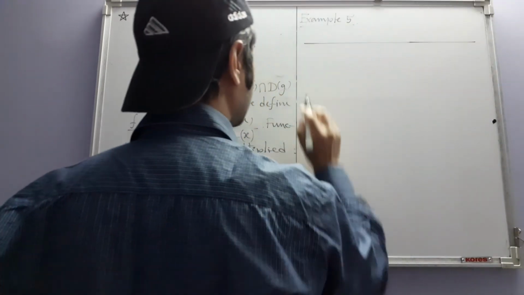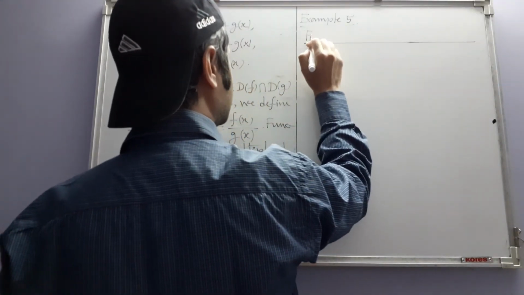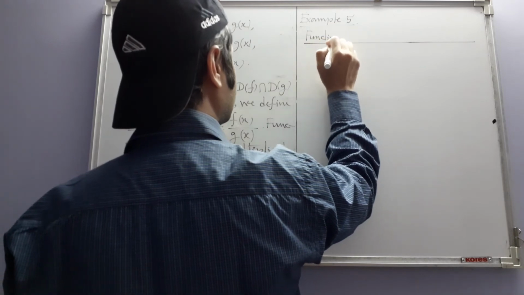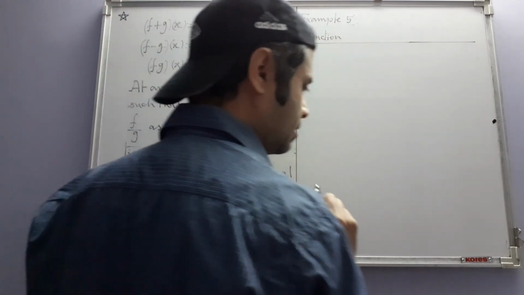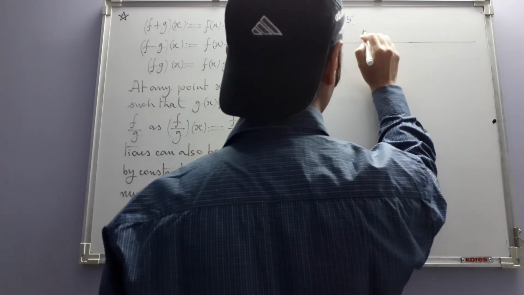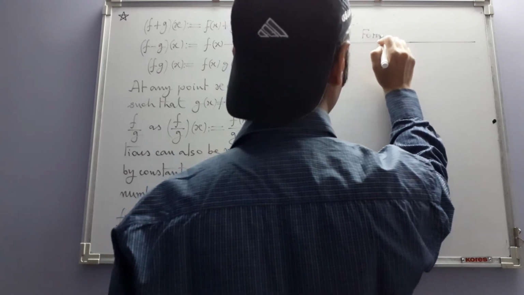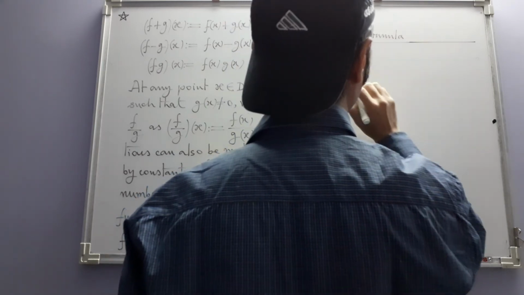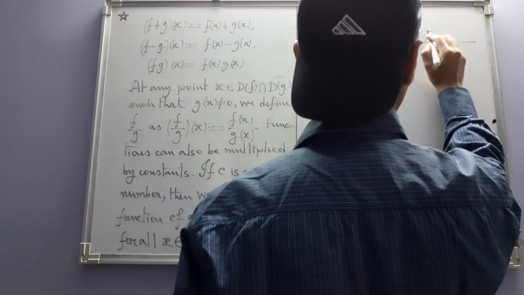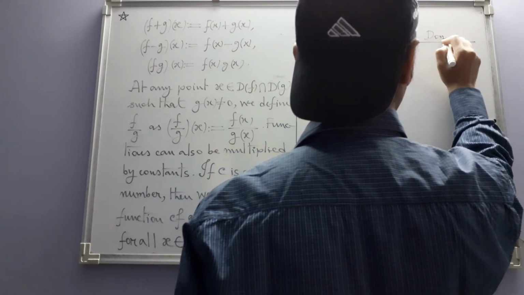So the function is given here, and then its formula appears here in this column, and the domain appears here.